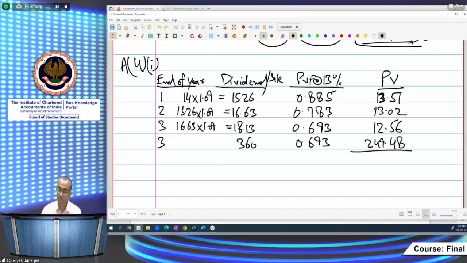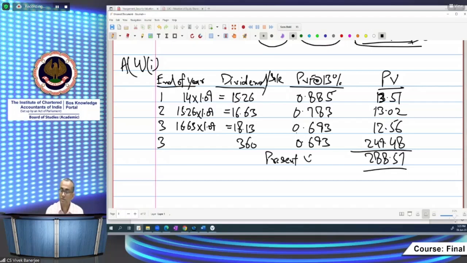Let us add all these present value figures, फिर फाइनल प्रेजेंट वैल्यू निकालेंगे इसका. So it is coming to 288.57.